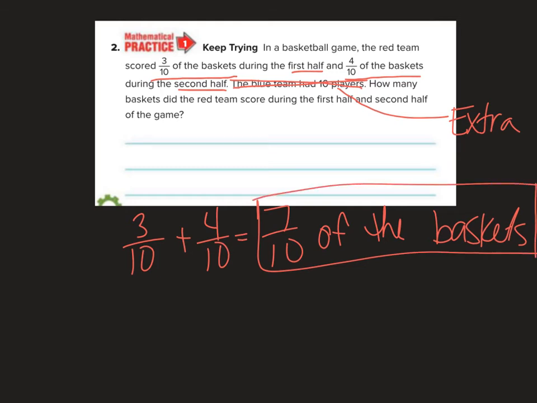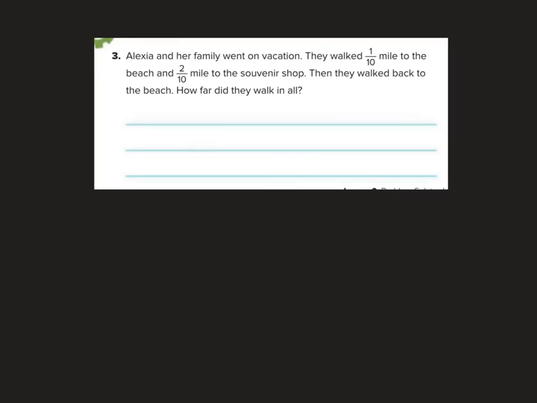There is our answer. Alexia and her family went on vacation. They walked 1/10 of a mile to the beach, 2/10 of a mile to the souvenir shop. Then they walked back to the beach. How far did they walk in all? So let's say they start at their car. Car to beach was 1/10.